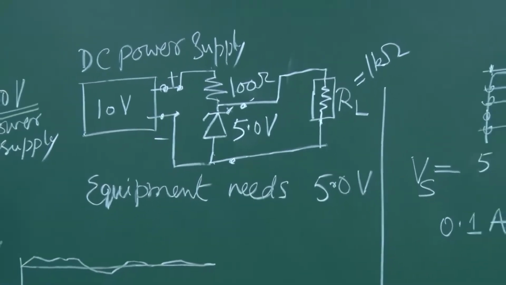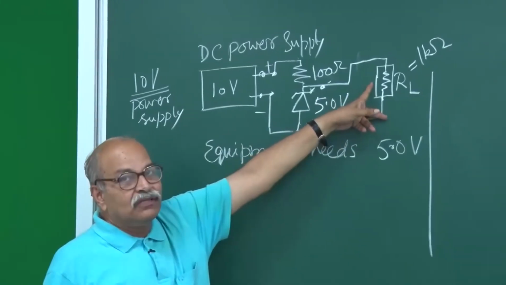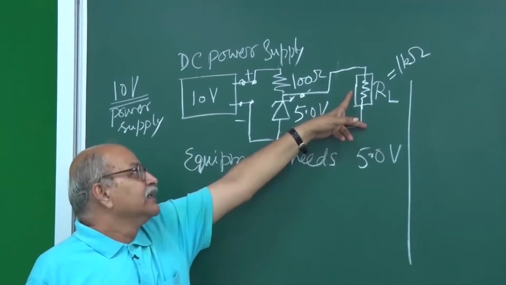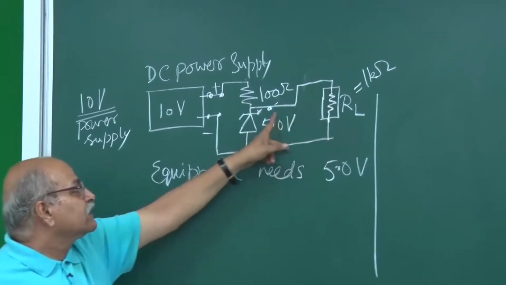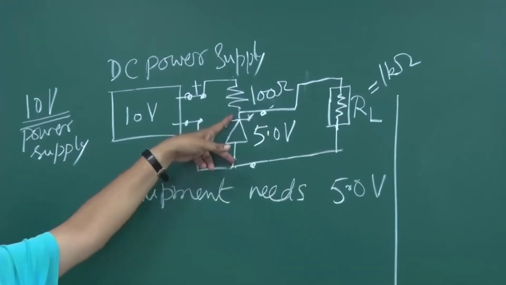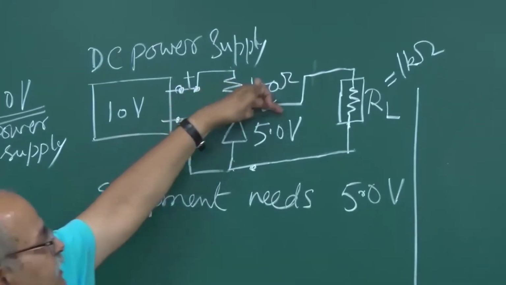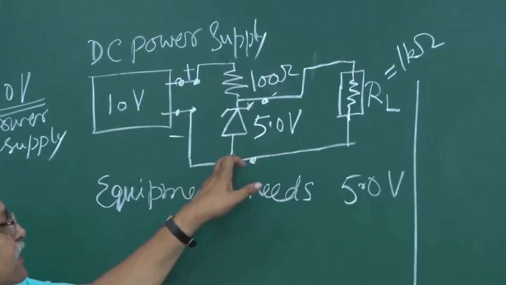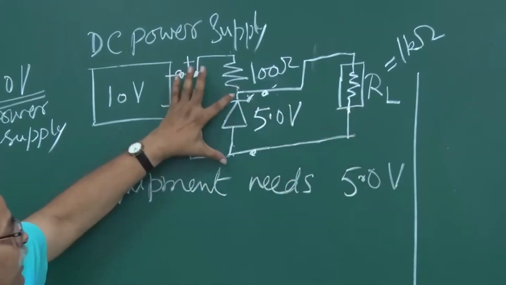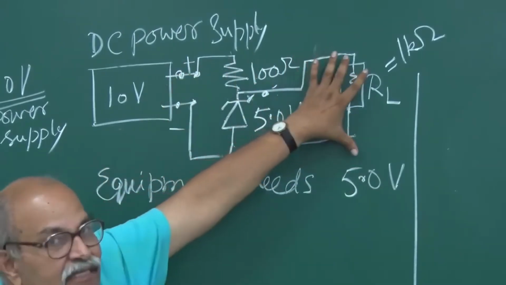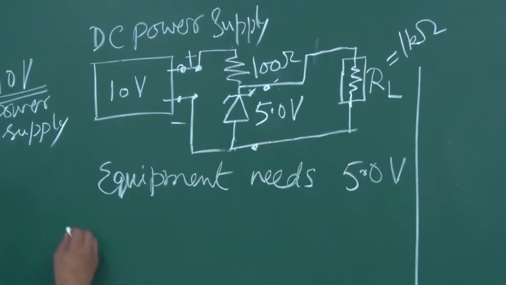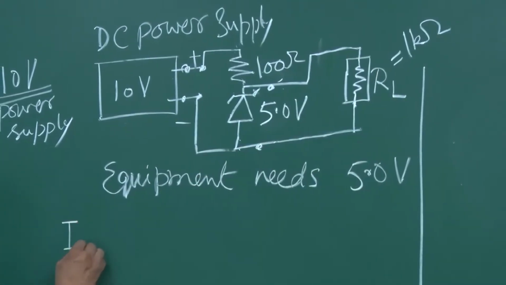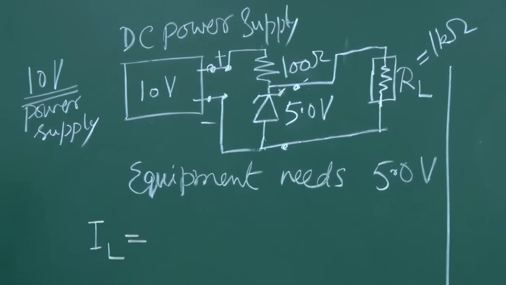Analyze this circuit. The voltage on this RL is 5.0 volts because it is directly connected to this zener. This point is directly connected here, and this point directly connected here, so this 5.0 volt must appear here. So what is the current in that load, IL?